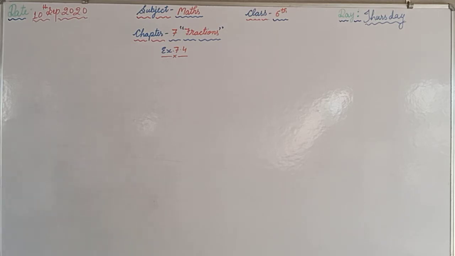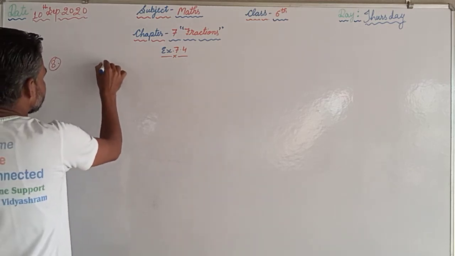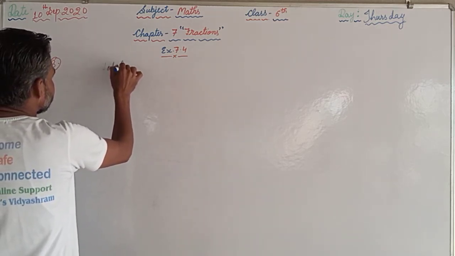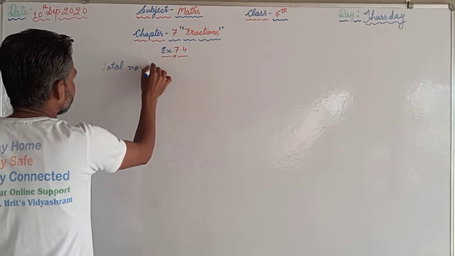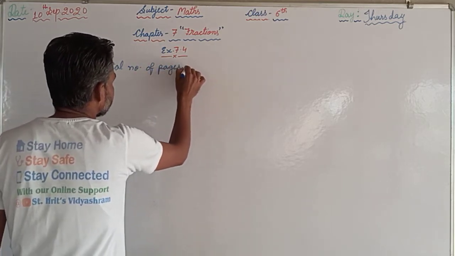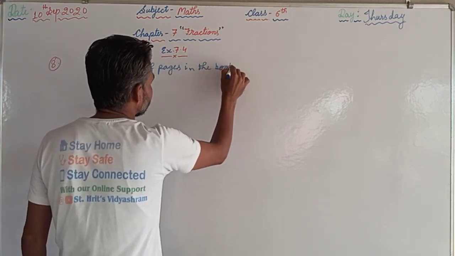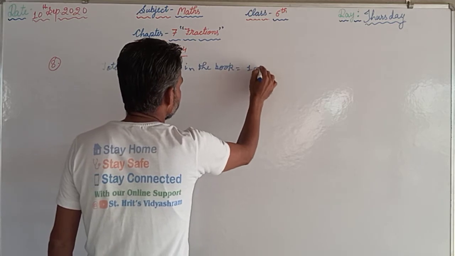So total number of pages in the book, that is 100.